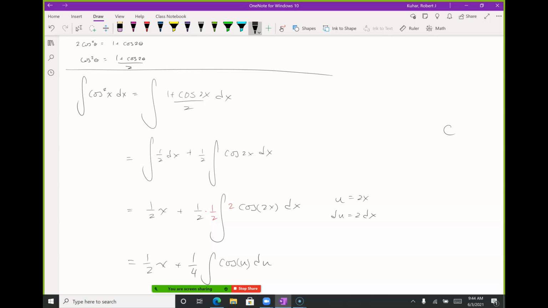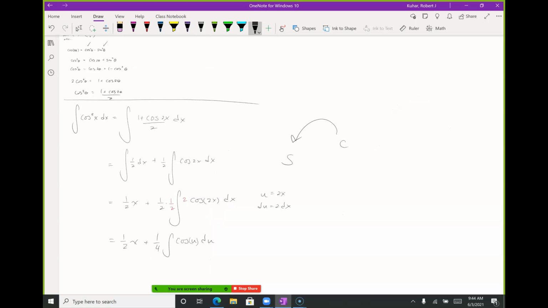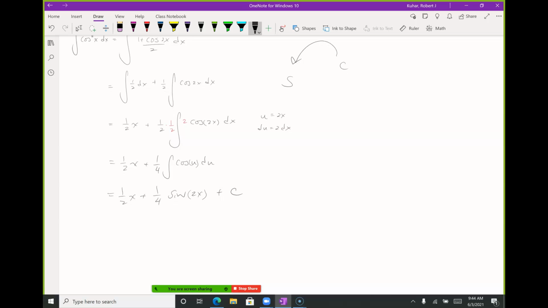And the antiderivative of cosine is sine. Nice. Anybody get there? Okay.